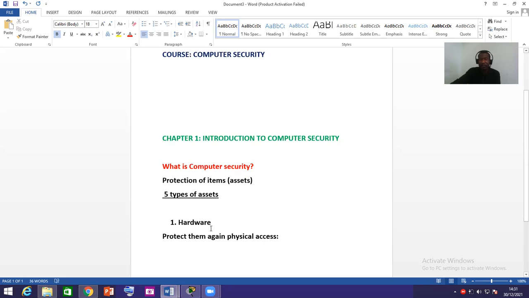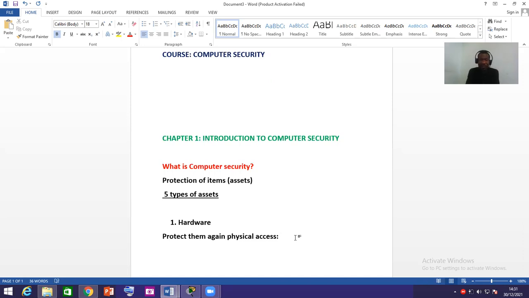So what does it mean? When you have your computers, make sure that nobody can touch those computers, nobody can approach those computers.